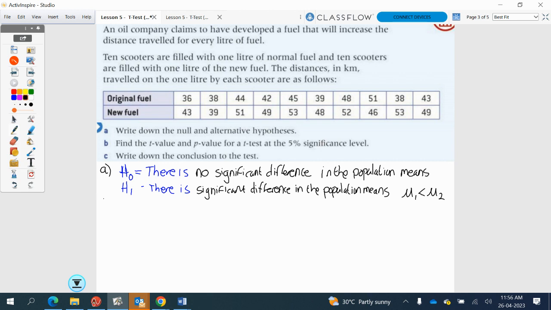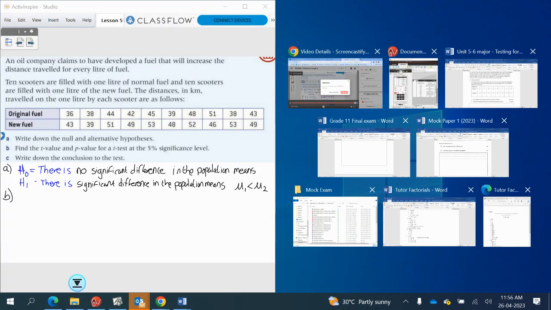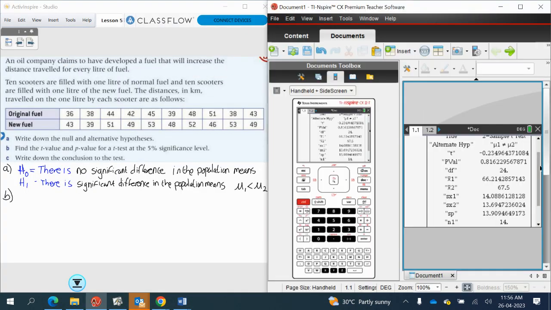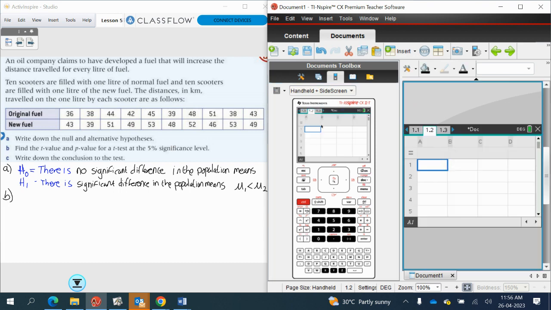So in this case, we want to find that there's been an increase in the data. So we carry out the t-test in the same way as we did last time. Let's do that now on the calculators. I'm going to add a page for my lists.